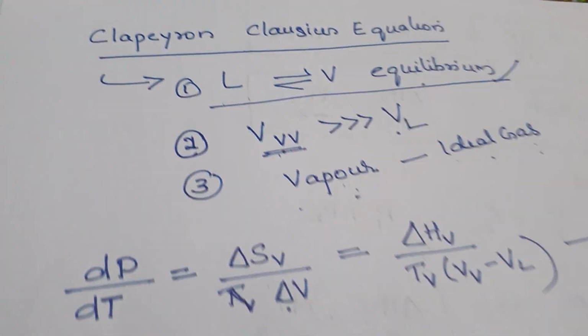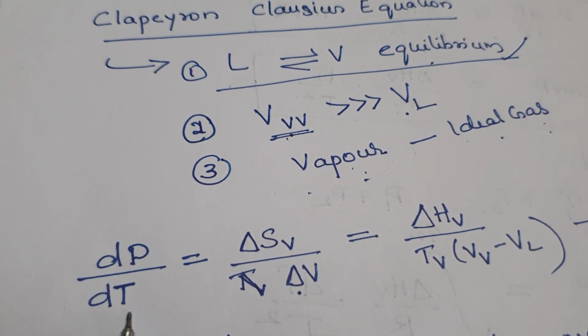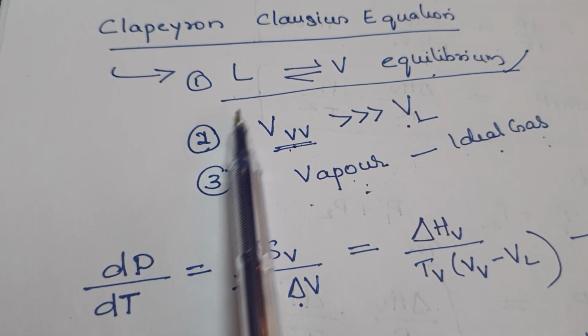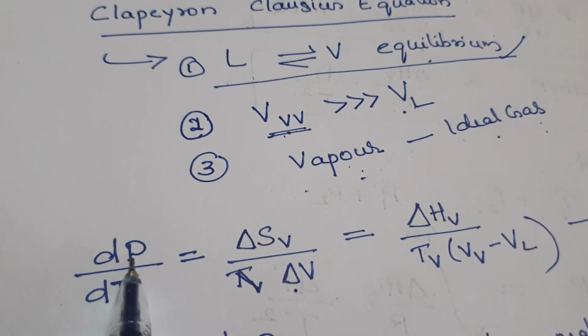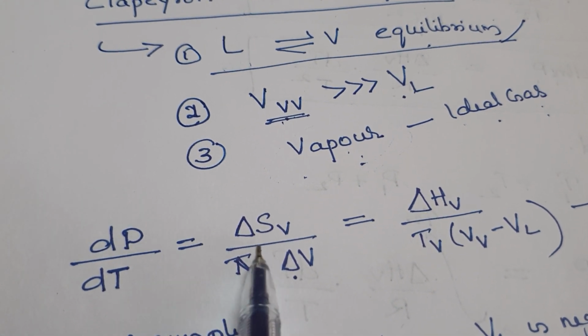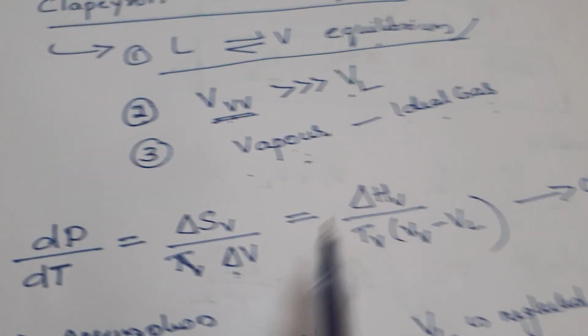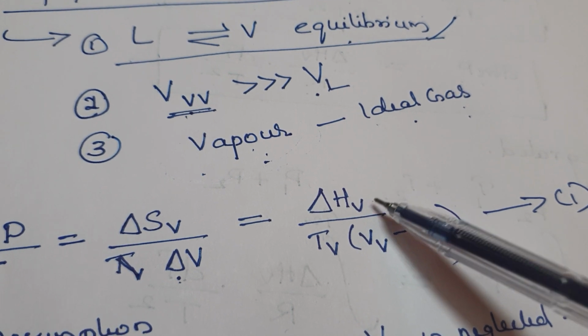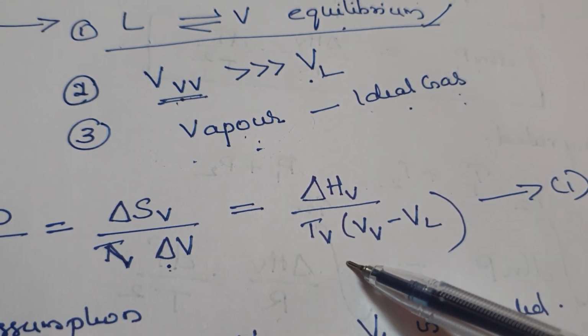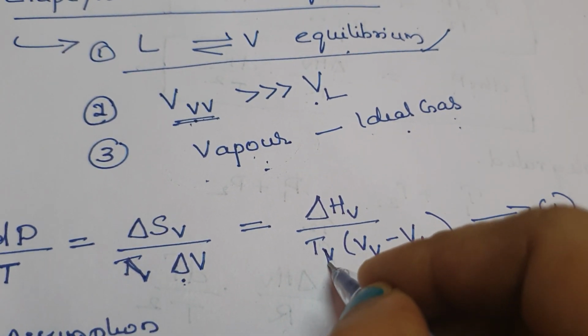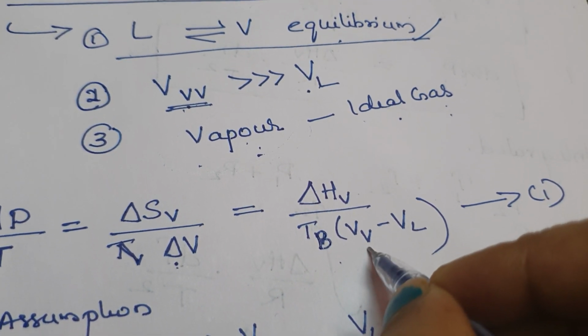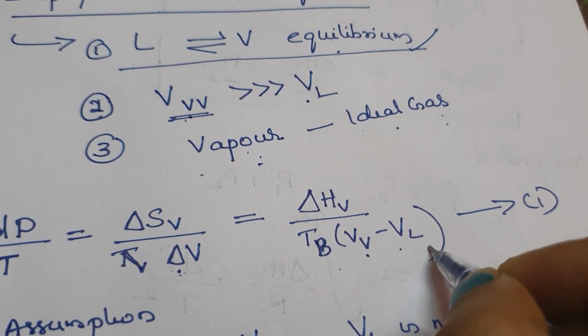Okay. Now we know dP/dT for a liquid to vapor equilibrium. dP/dT is equal to delta S_V divided by delta V, which we can write as delta H_V divided by T_B, the boiling point, into (V_V minus V_L).